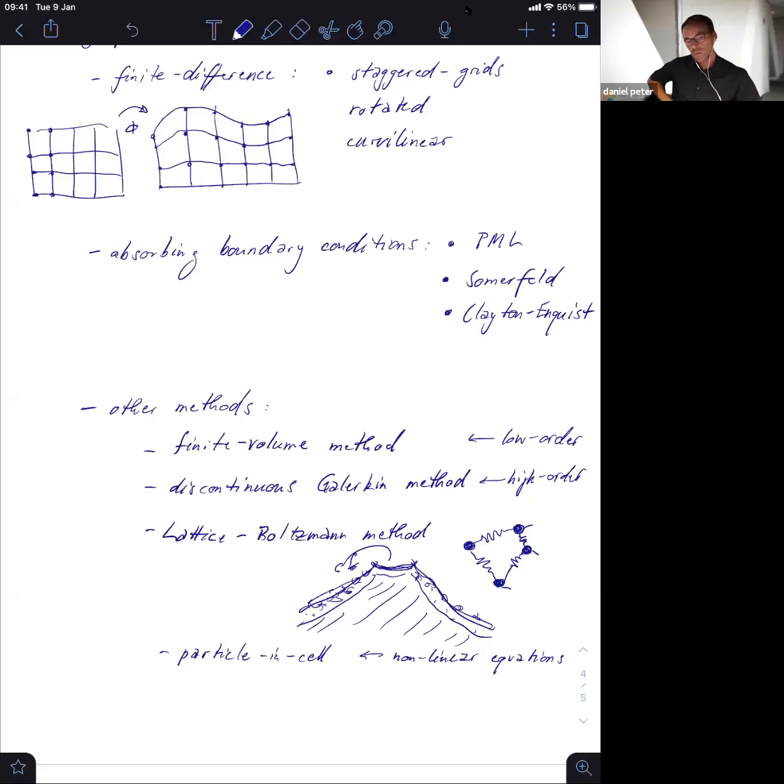Right. Very interesting methods as well. Yes, you see it in geodynamics often.